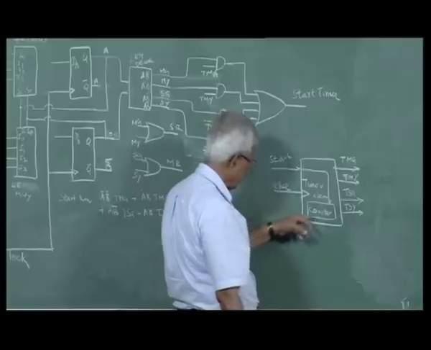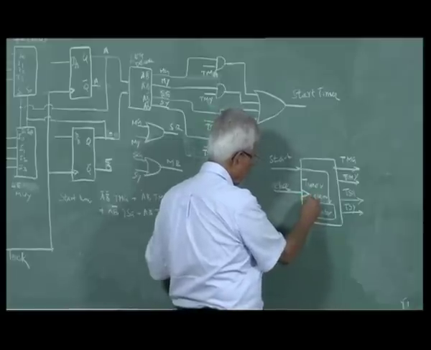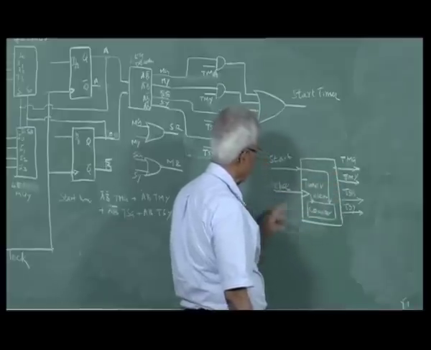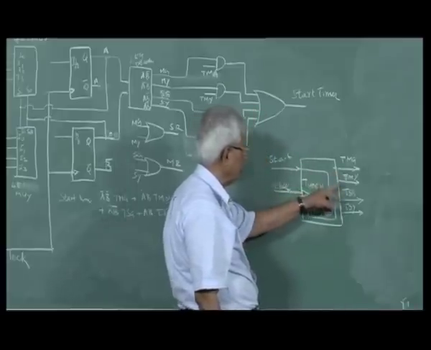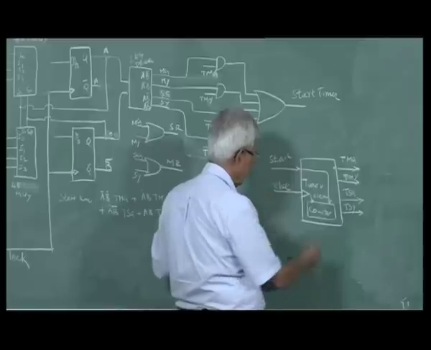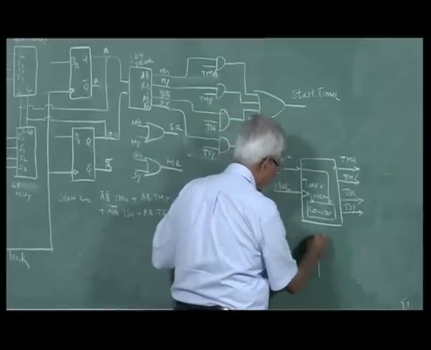It clears and starts counting the clock. When a particular count is reached, TMG is reached, and then the next time the start signal comes, TMY, next time the clock TSG, etc. This is, and the other thing is lights.